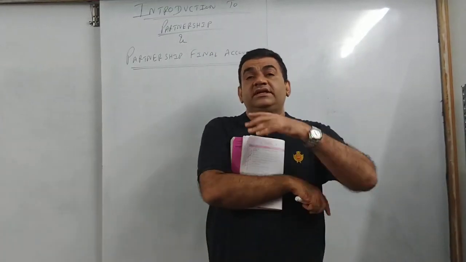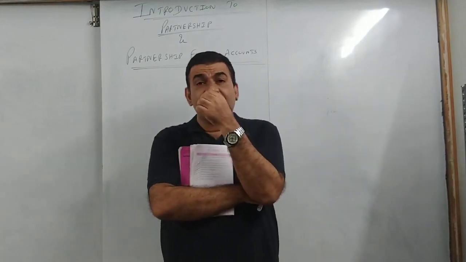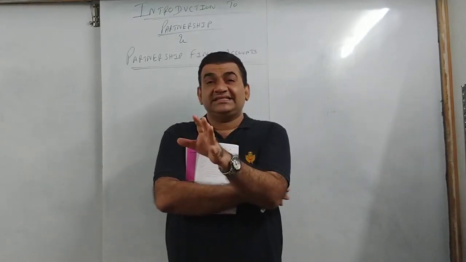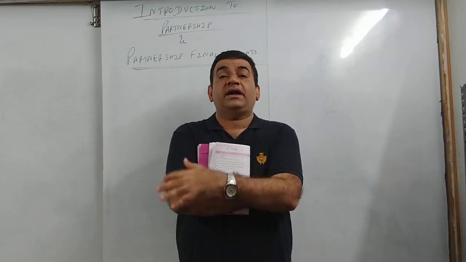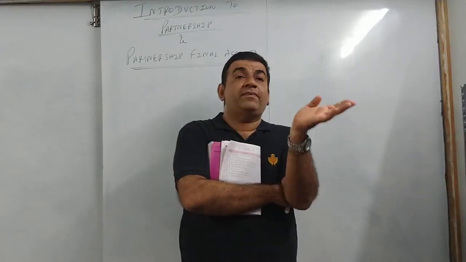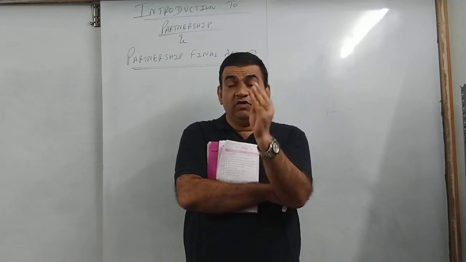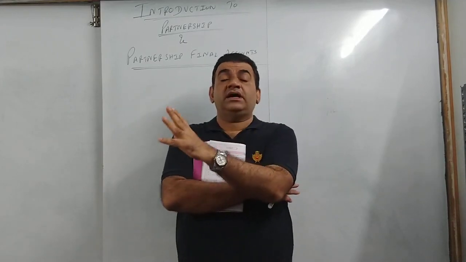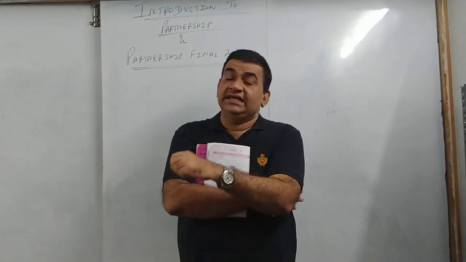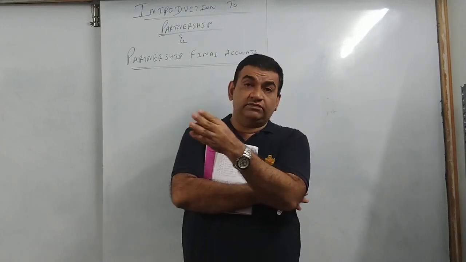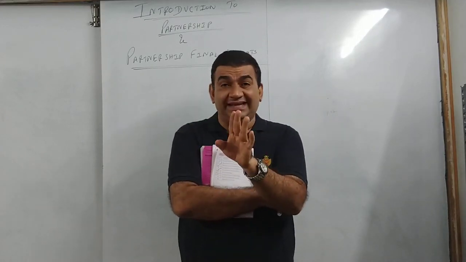Joint ownership. Next point, when I say joint ownership, that means whatever assets or property are used by the partnership firm, they are owned by all the partners. If there are 4 partners, all of them are equal owners of the property. If there are 2 partners, both of them are equal owners of the property.